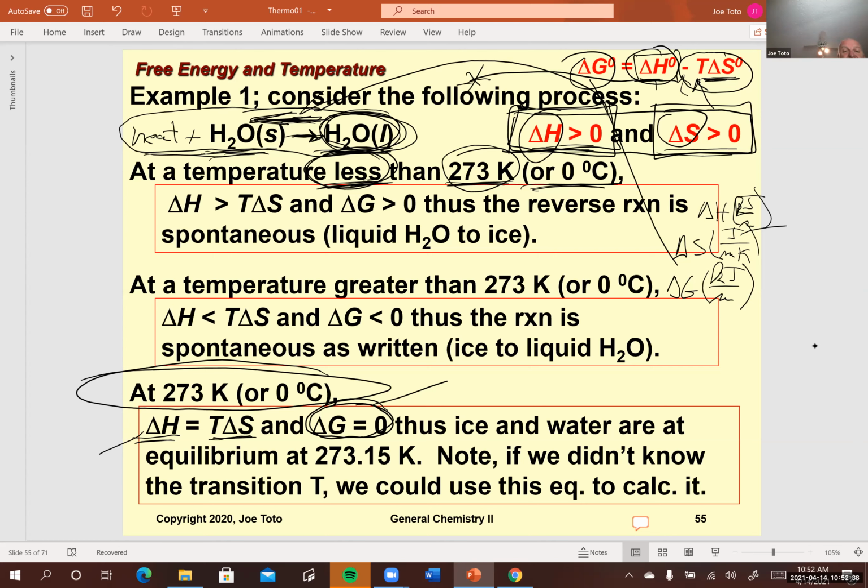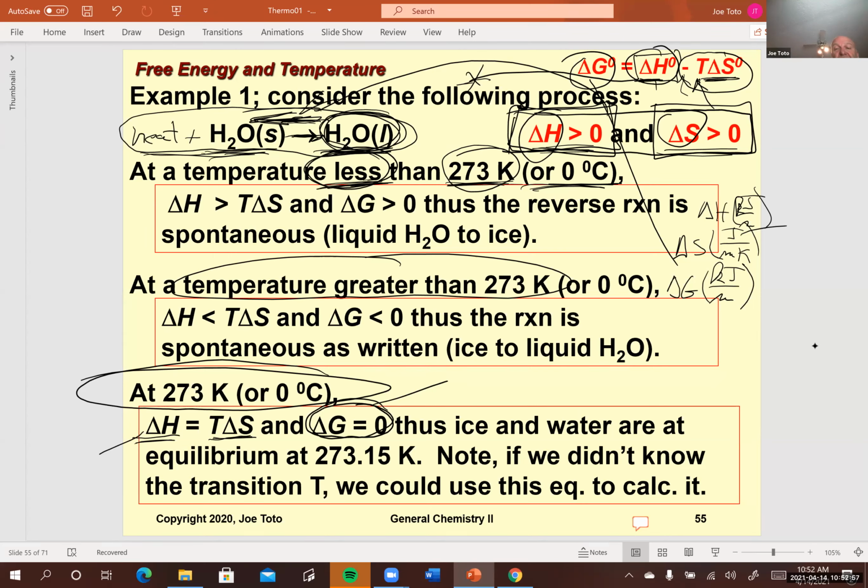All right. And then we can look at the other possibility, and that's the possibility where the temperature is greater than 0 degrees Celsius. And we know when the temperature is greater than 0 degrees that ice melts.